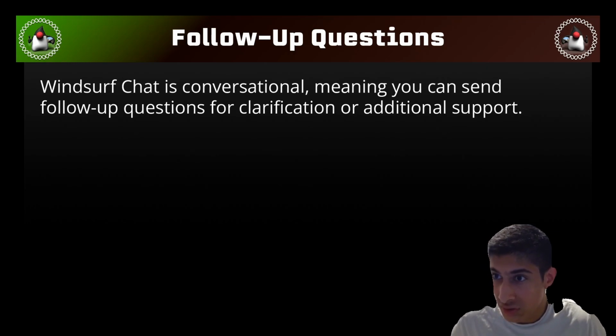It's not just an AI where you give it a prompt and then it'll tell you something. You can actually send follow-up questions if you want something to be clarified or you want some more explanation on a specific part of the code.